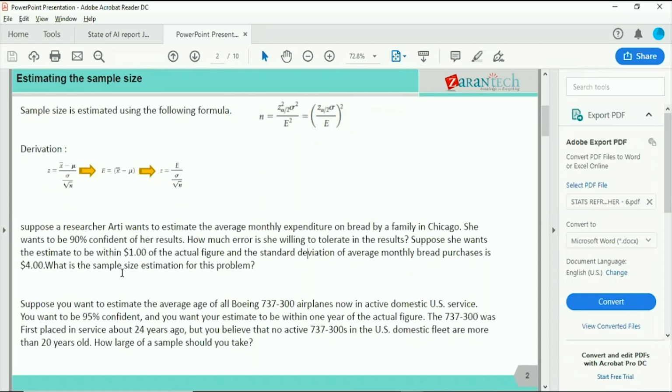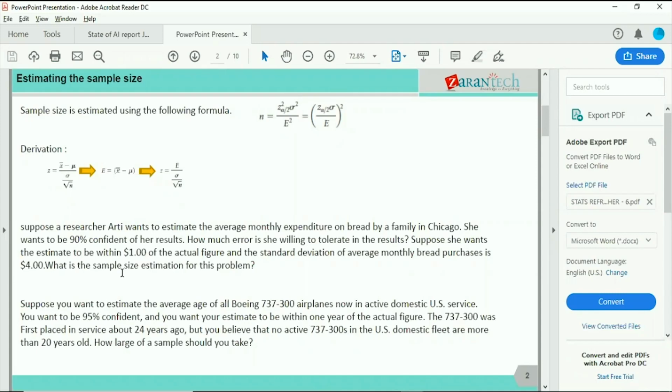1.64 whole square into 4 square divided by 1. Correct. So it is 43 point something. So your formula gives you an answer of 43.3 something. Now what will you tell the business? You would say probably a number which is higher than that always.